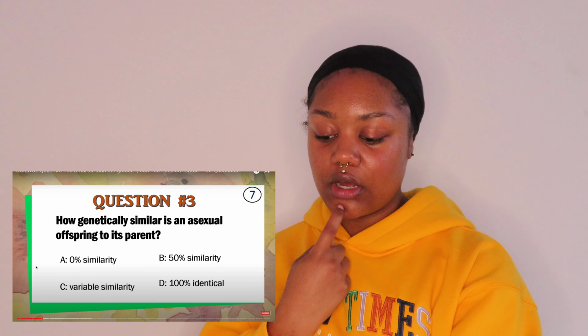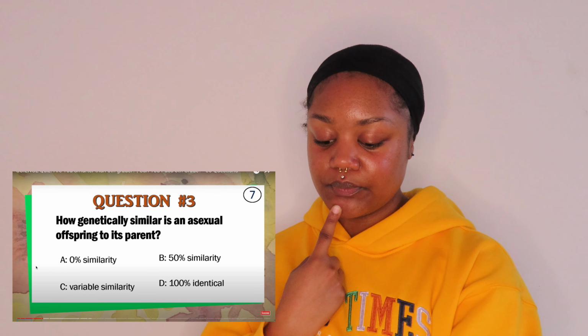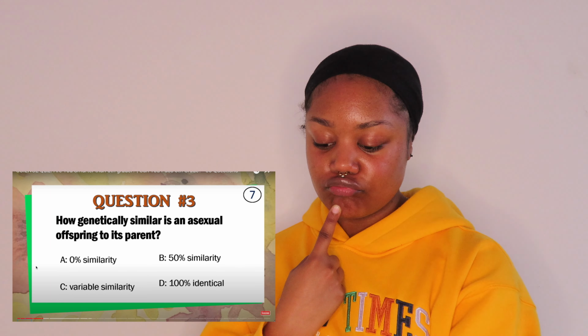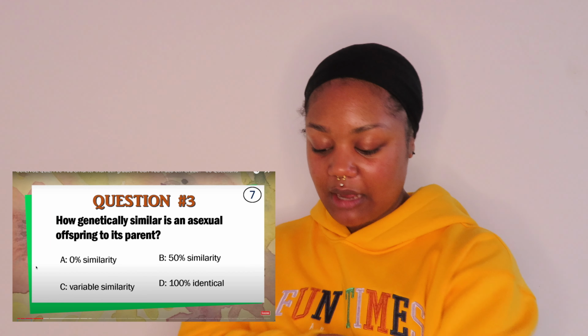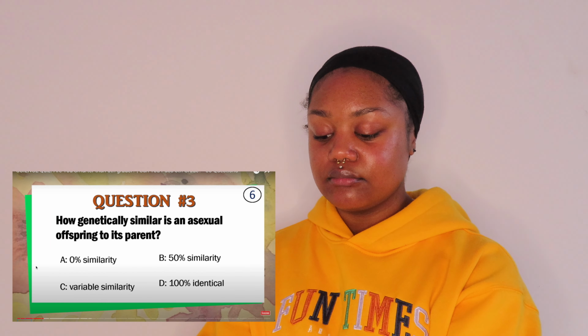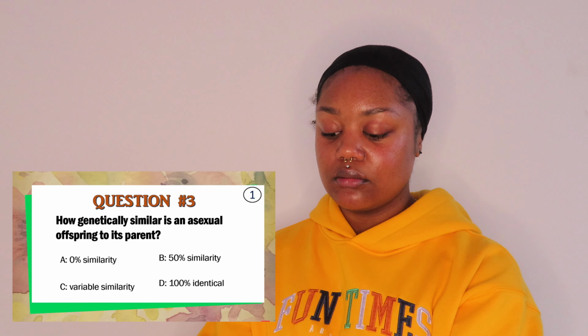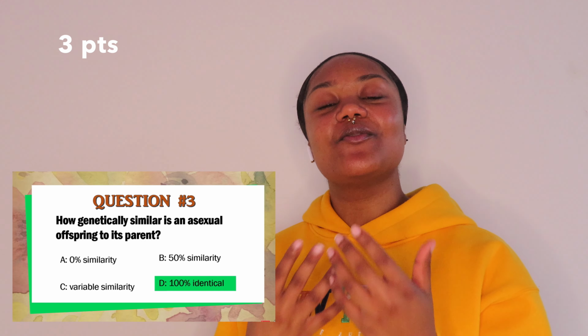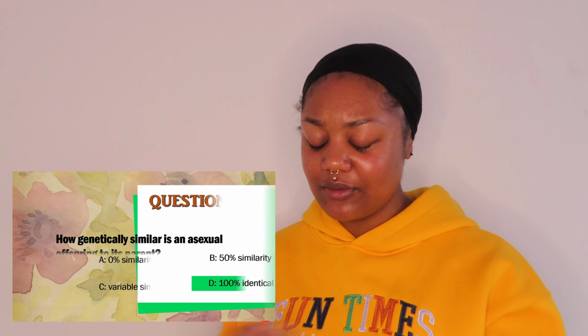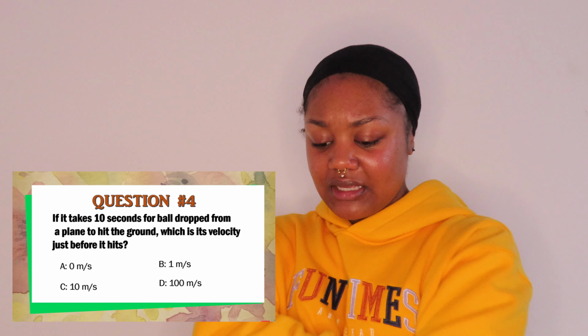It's gotta be identical, don't it? I'm going with identical. It's either B or D. I'm sticking with identical. What I tell you? You either got it or you don't.